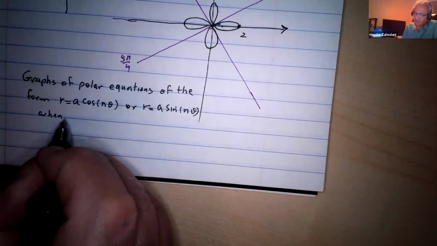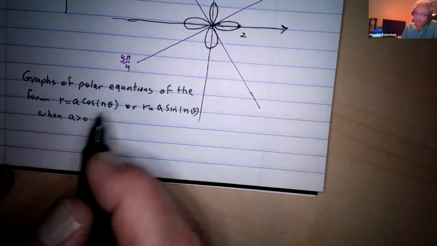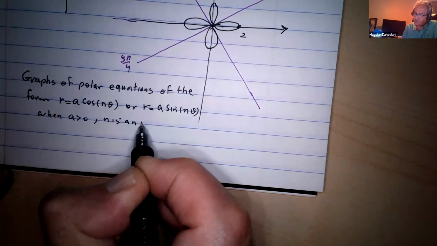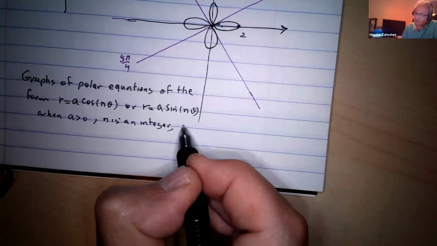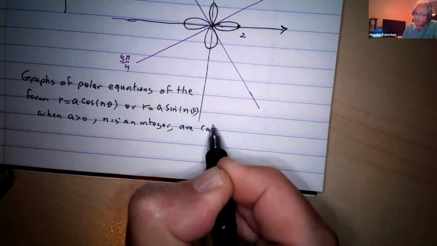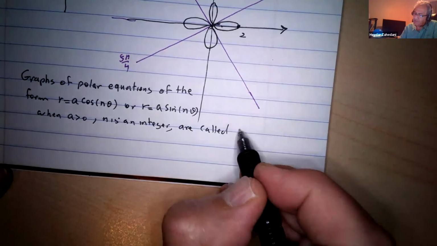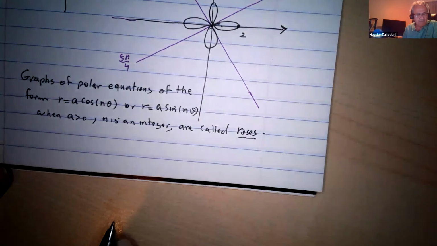When a is positive and n is an integer, these graphs are going to be called roses. Again, search on the internet, you see all of them, roses. So it's a bunch of flowers if you like.